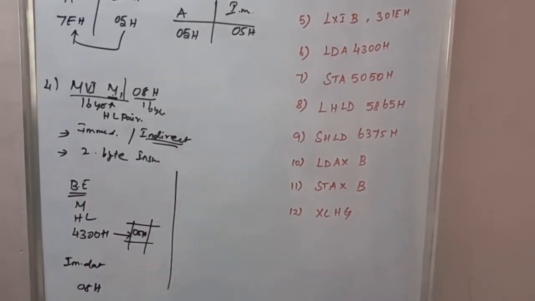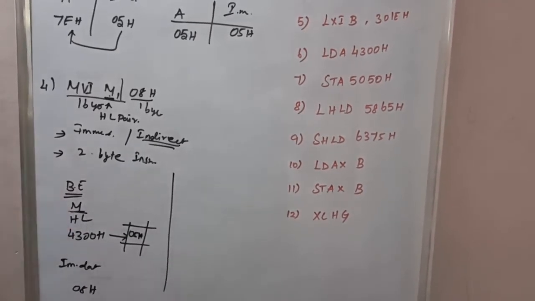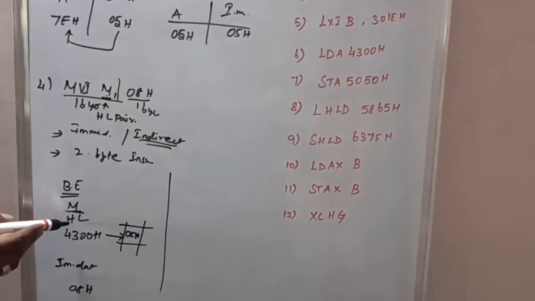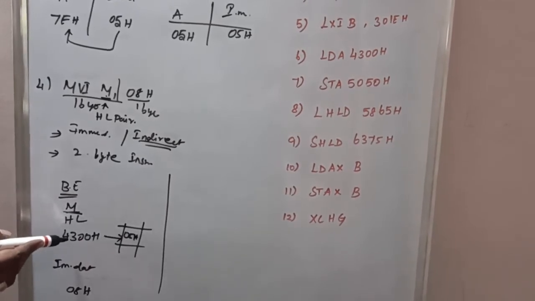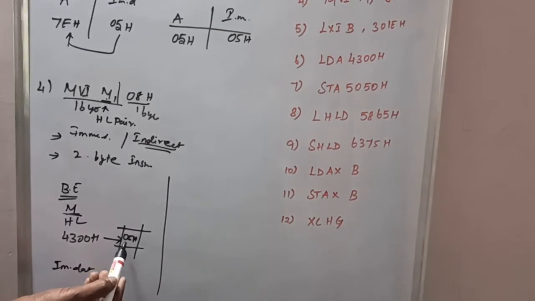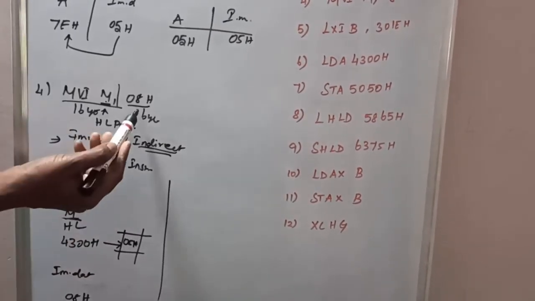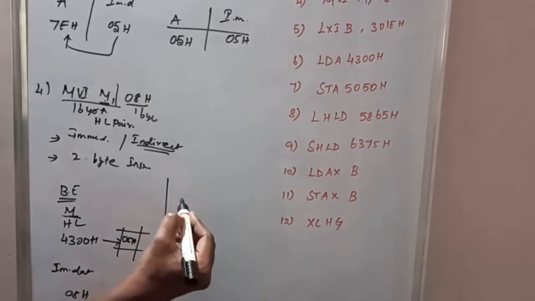So that is the before-execution part. The destination is M, and M considers the HL pair register. The HL pair register holds the memory location 4300H. In this memory location, the 8-bit value 05H is stored. Then the immediate data being passed is 08H.